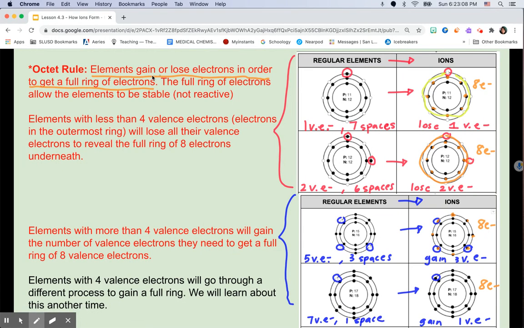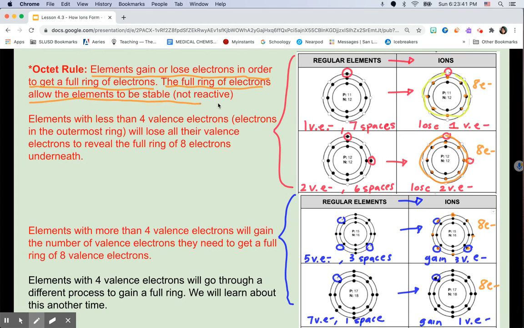So the reason why elements gain or lose electrons in order to get a full ring of electrons is because the full ring of electrons allows them to be stable, meaning that they're not reactive or explosive, right? So when elements or atoms have a full ring of 8 electrons, they will be stable, meaning they will not be reactive or explosive.